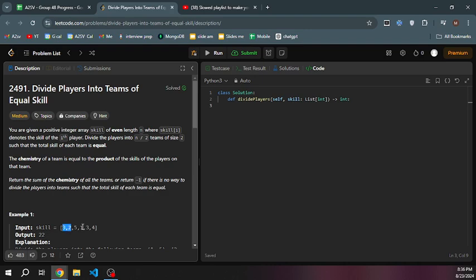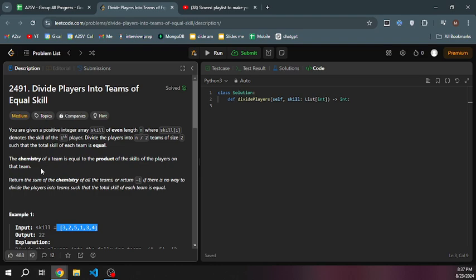So we are going to divide two players, and add those skills, and if they are equally divided for the whole array, we are going to return something. The chemistry of a team is equal to the product of the skills of the players on that team.